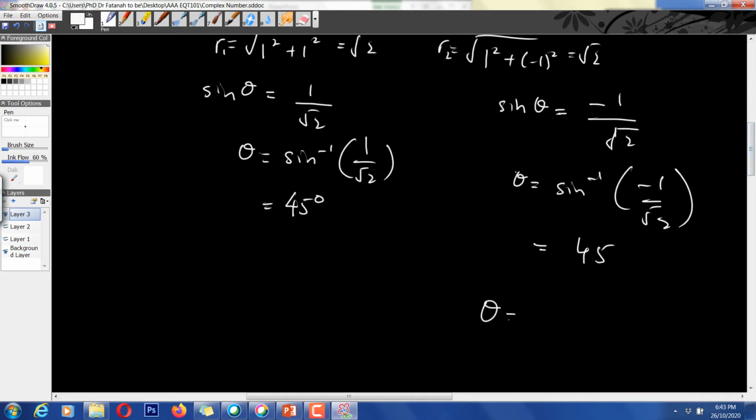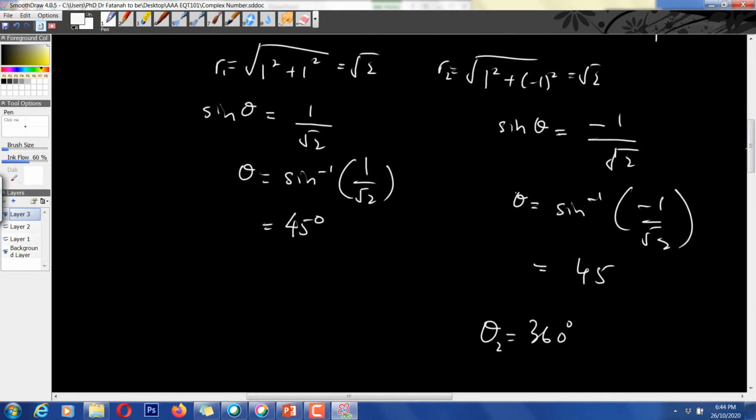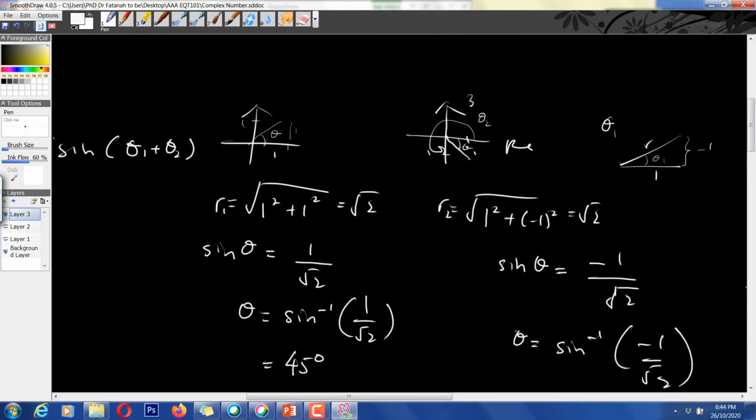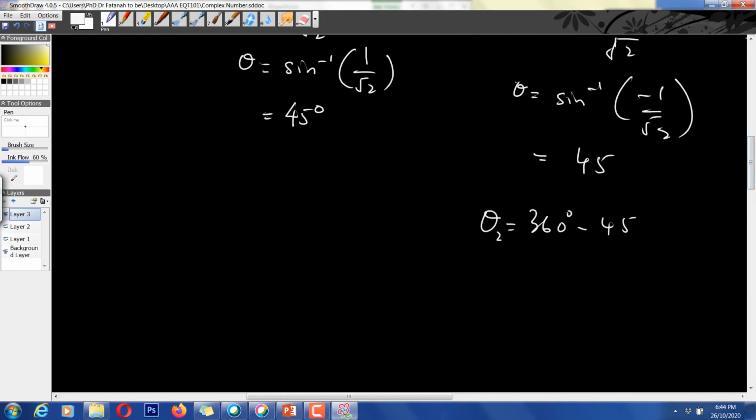So theta 2 is equal to 360 degrees minus theta 1, which is 360 minus 45, so we have 315.